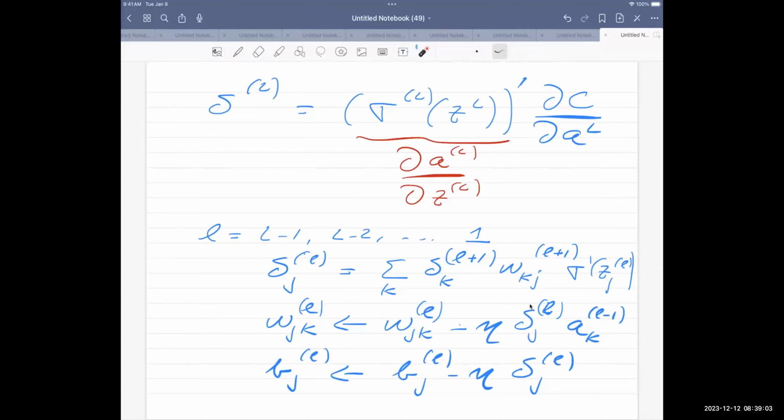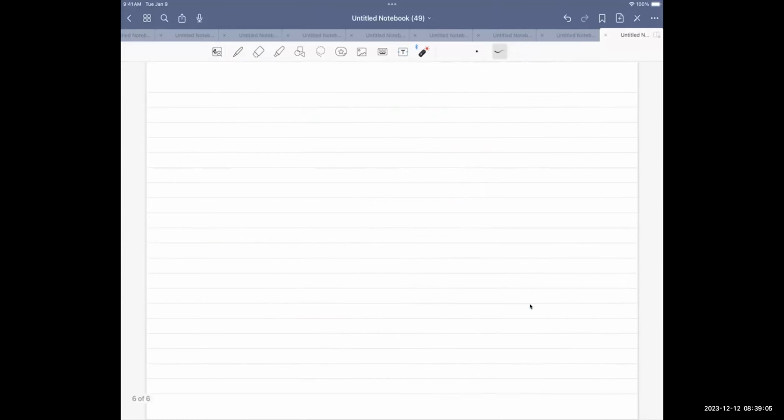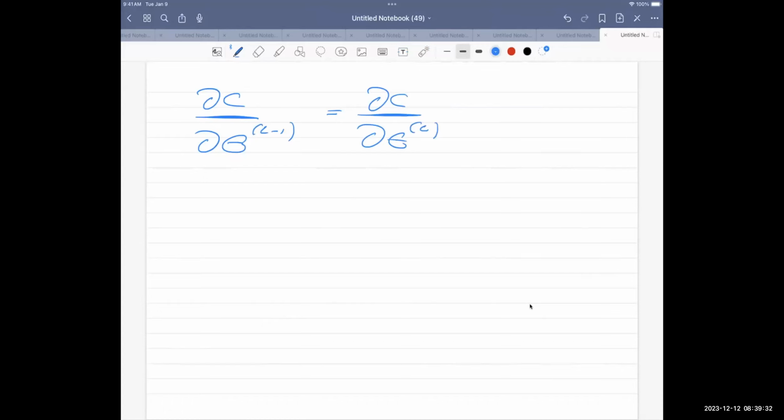So in essence, what we end up doing then is the following. The back propagation is nothing but us actually applying the chain rule again and again. So what we can do then, if we now want to calculate the derivative of the cost function at the layer L minus 1, this is simply given now by dC over d theta of L, and then we have d theta of L multiplied with d theta of L minus 1.